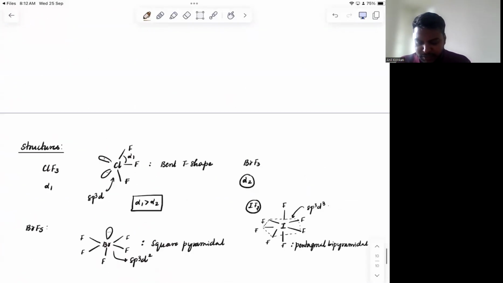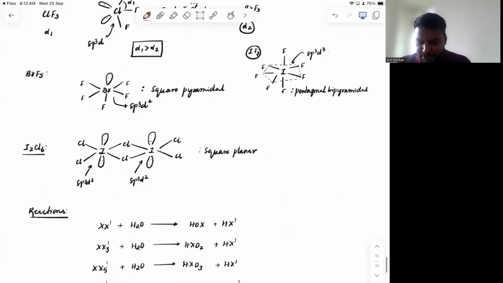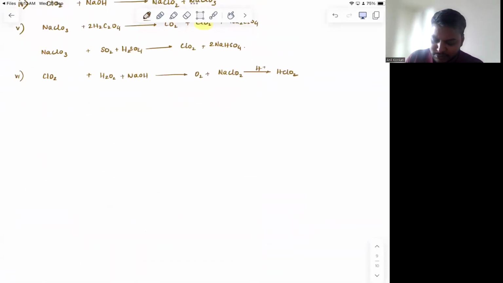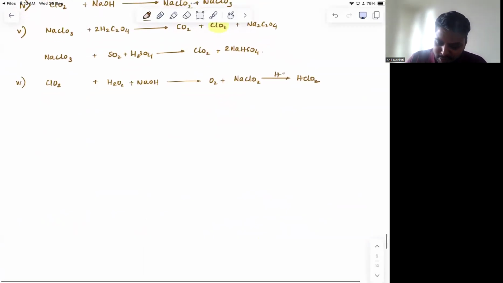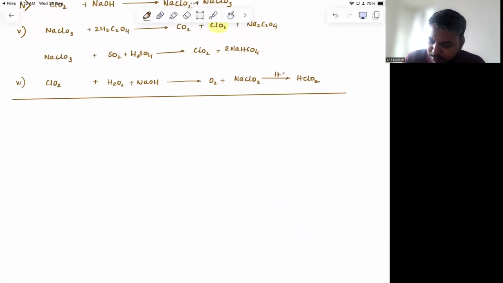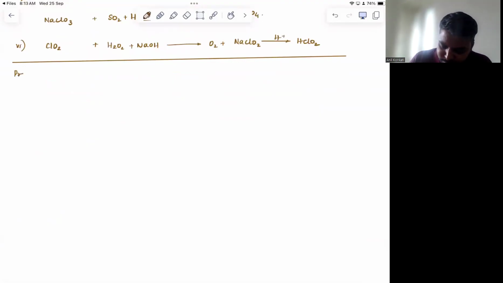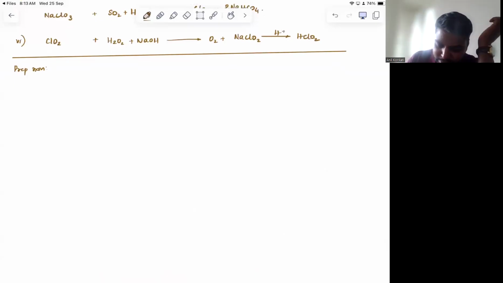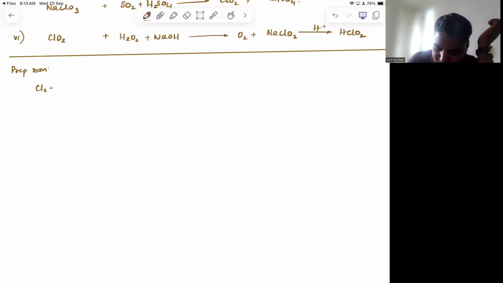So if you notice the reaction wise and preparation wise, I'll just give you an idea about that first. In the same sheet, you can see the preparation reactions. If you take Cl2 and F2, then it will form ClF at around 200 degrees Celsius.